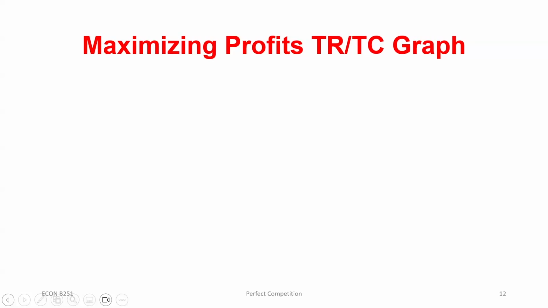Okay? So another way of thinking about this, at every quantity where marginal cost is above marginal revenue, my profits are going down. And at every quantity where my marginal revenue is above my marginal cost, my profits are going up. Okay.